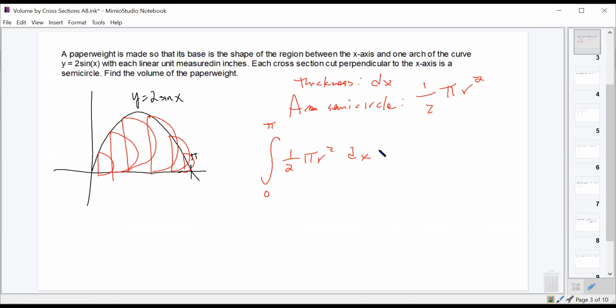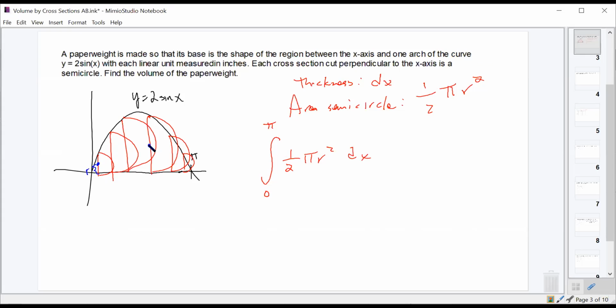Good or no? So can we integrate it as it sits right now, 1/2 pi r squared dx? No, we need to find r in terms of x. Right, we need to find r in terms of x. Well, these are semicircles, so the radius would be from here to here, right?